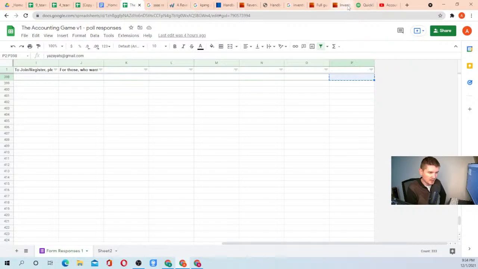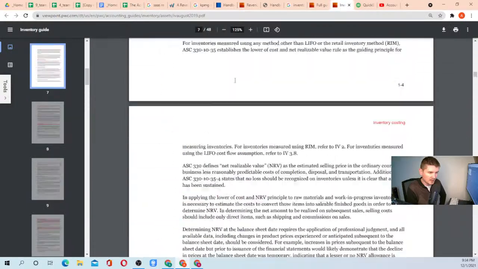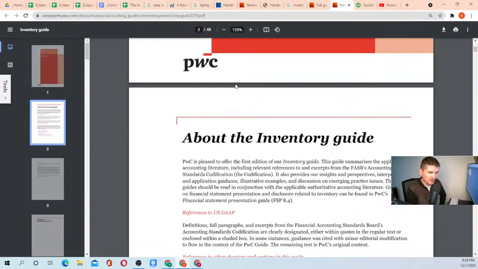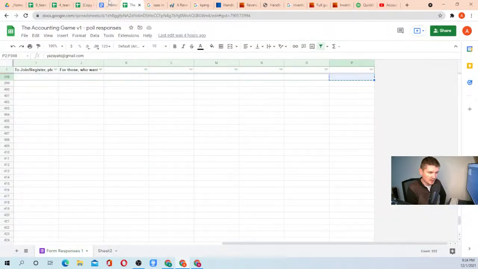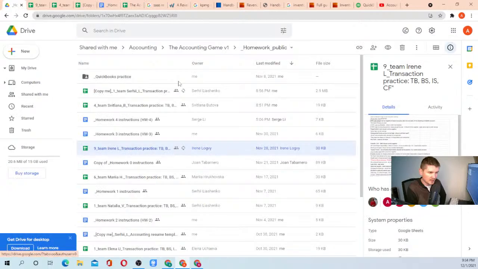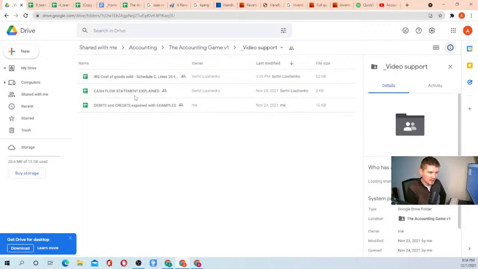On the last lecture, we reviewed the inventory guidance, and we also did some exercises about inventory valuation and cost of sales. For this lecture, I did a bit of an extension to the exercise. Let me just find it.